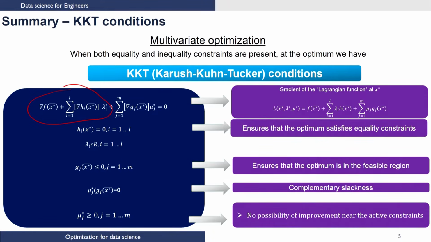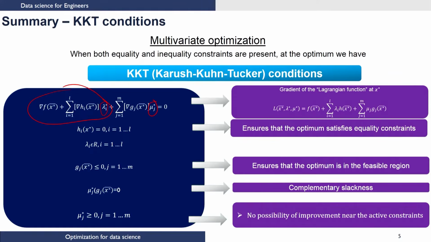So, if there are m inequality constraints, there will be m parameters, and in typical optimization books and literature, people use lambda as a scalar multiple for each one of the equality constraints. So, if there are L equality constraints, there will be L lambdas, and people use the nomenclature of mu for the inequality constraints.